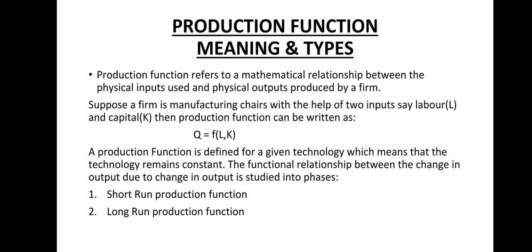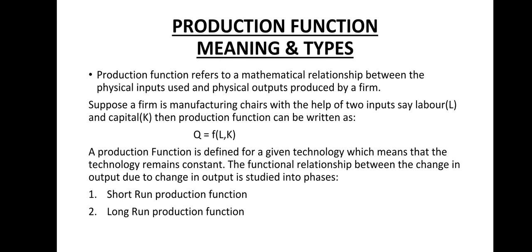Before moving forward, we must understand what is production. Production is the process by which the inputs are transformed into output or converting the raw material into final good. For example, a farmer uses his land, labor, seeds and tractor etc. to cultivate wheat.